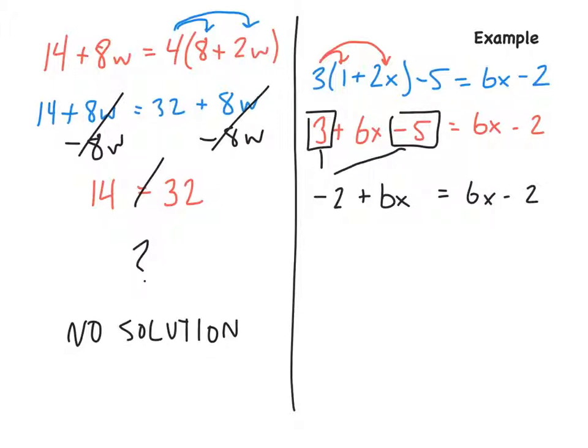Alright, so let's start moving the variables over to the left. So I will subtract 6x from the right, and move it to the left.